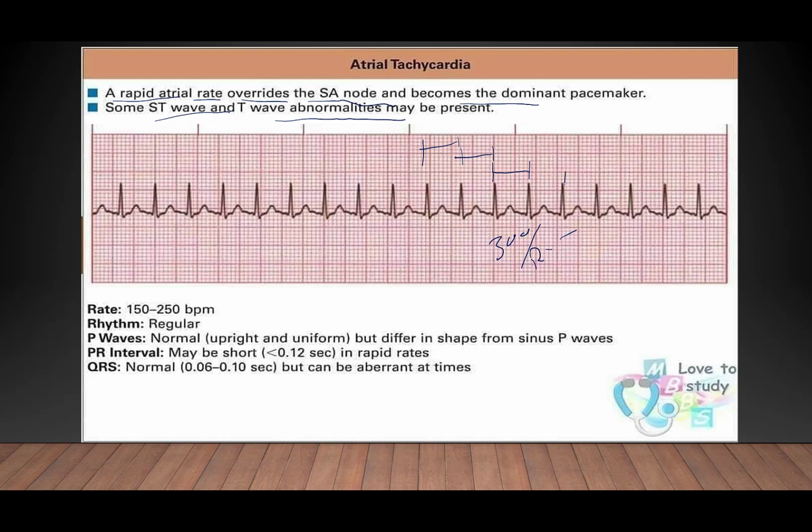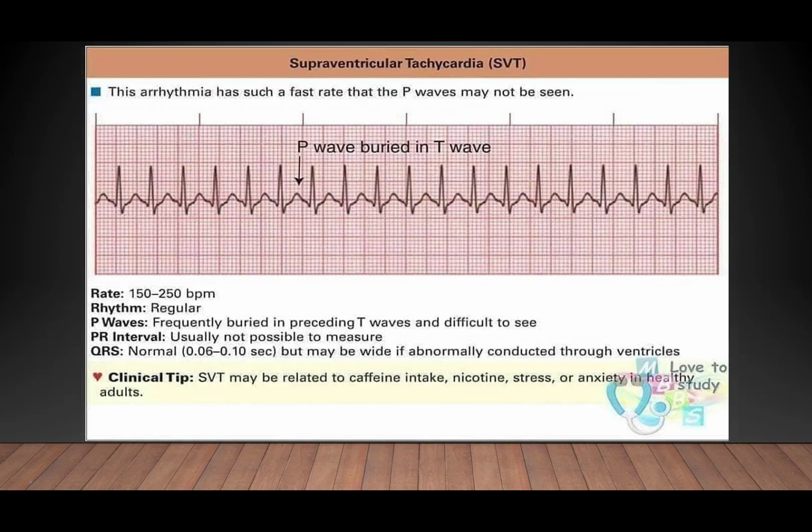It's about 1.5 large squares, so 300 over 1.5 is equal to 200 beats per minute. The P wave is also normal. PR interval may be short, less than 0.12 seconds, in rapid rates. The QRS complex is normal.